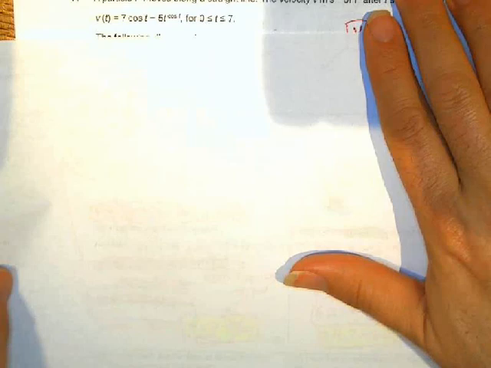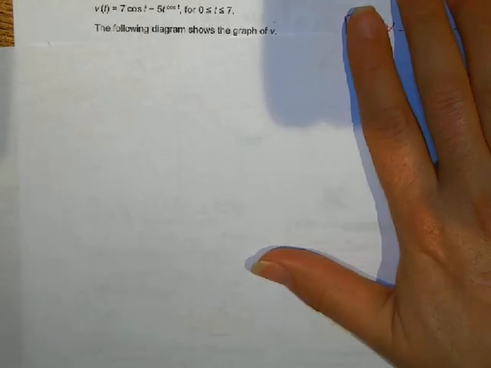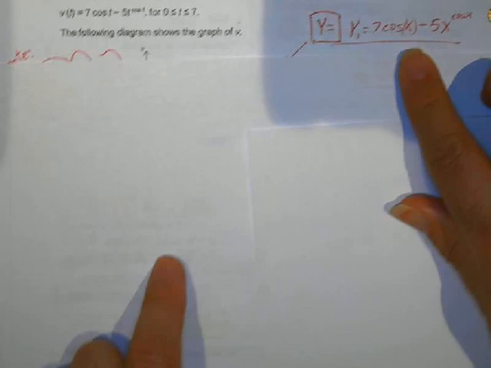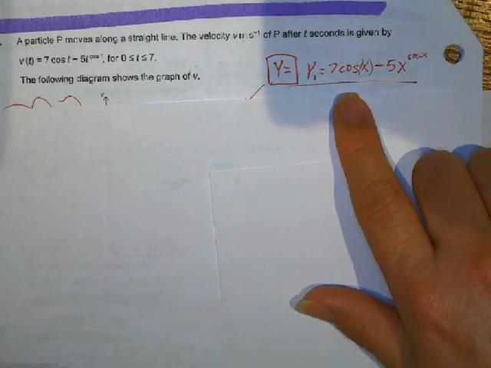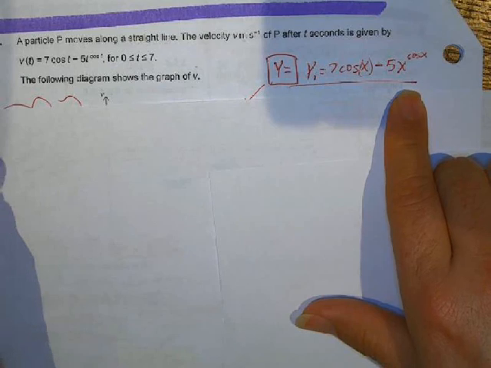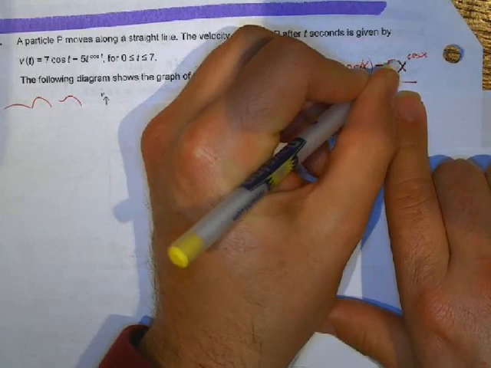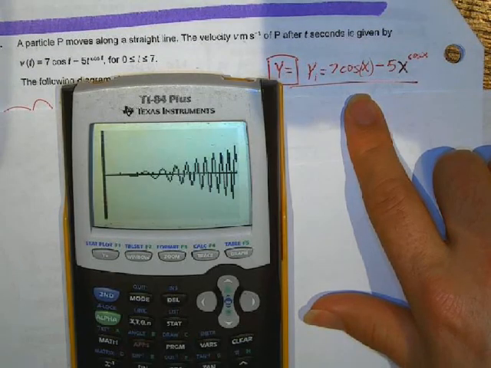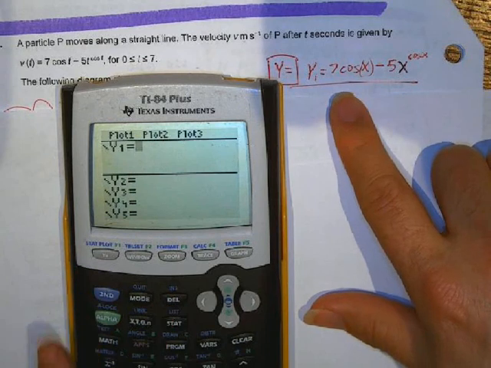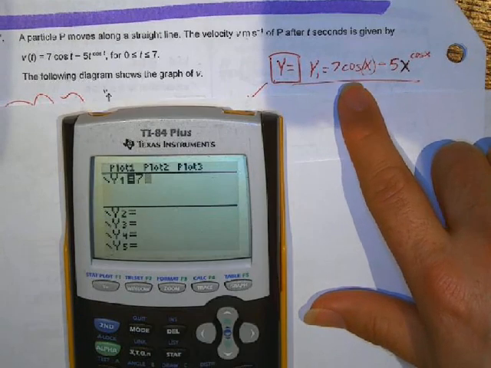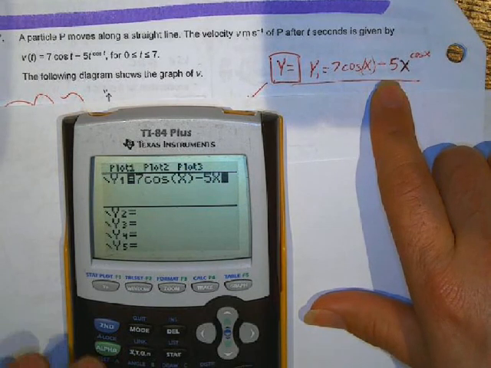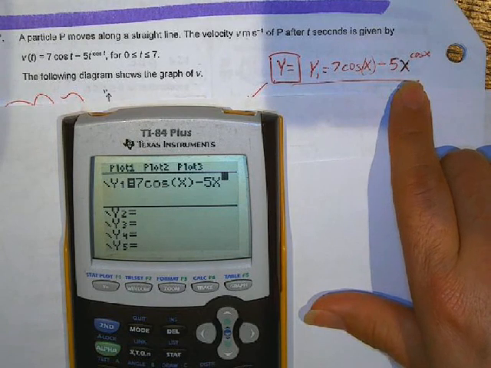Okay, so we've got this picture here. If you want to see this picture, you can type it into your calculator. Be careful, I made a mistake where I had forgotten to write this x, and it really didn't look like the graph. So let's just do this: 7 cosine x minus 5x to the power of cosine x.